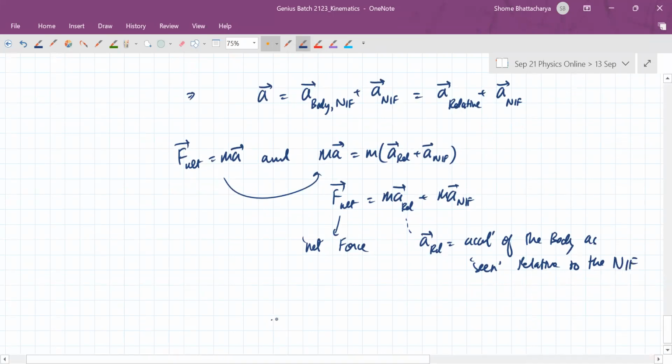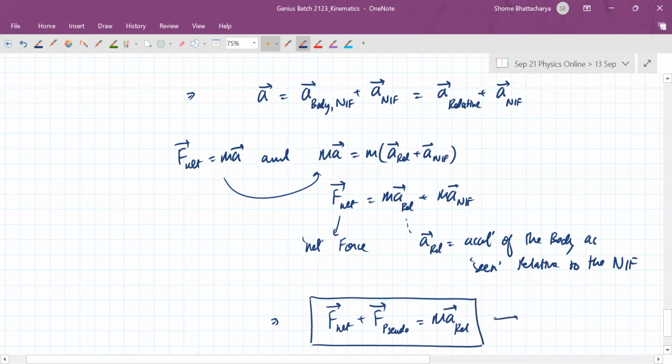So the above equation converts like this: F net plus pseudo force is equal to mass into acceleration as seen in the non-inertial. So this becomes the equivalent of Newton's second law in the non-inertial.